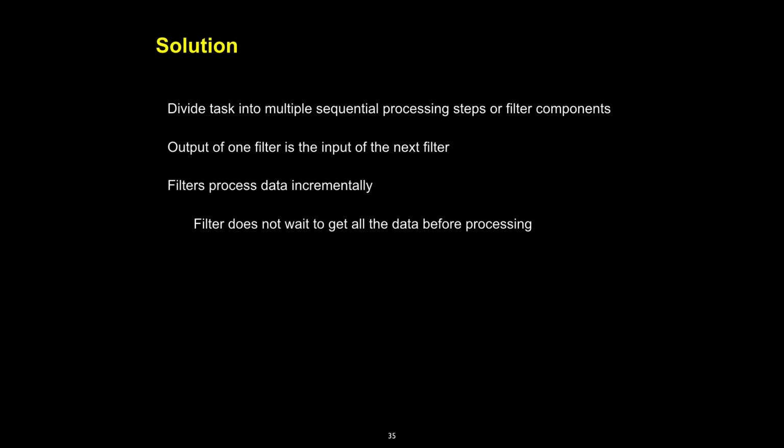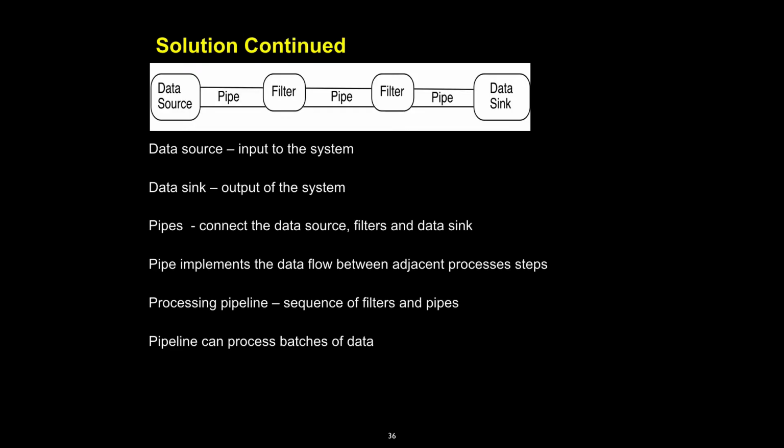And this is very common. So there's a data source and the pipe that goes into the next filter, and finally the output comes out at the end, right? There are different ways we can deal with this. One is in Unix, where the data source pushes.